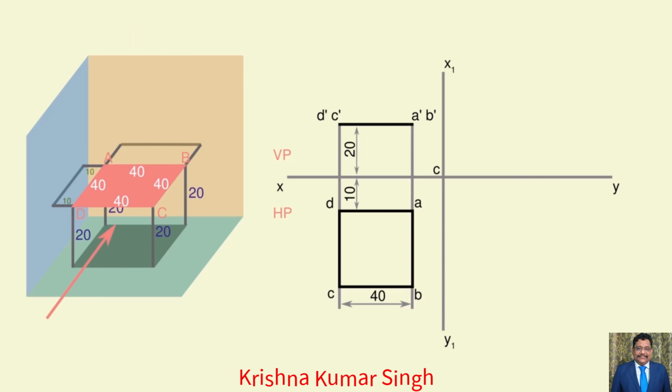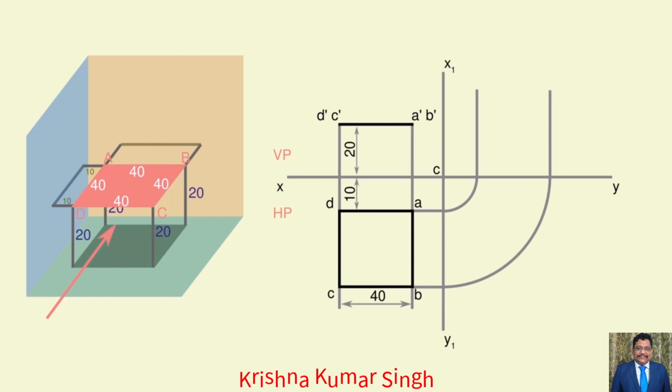Consider an x1, y1 line perpendicular to xy, and these two will intersect at a point. And from top view, draw the construction lines from points a d, b c on the x1, y1 line. And by using compass and the intersection point as center, draw arcs until it touches the xy line. From there, extend it upwards vertically.